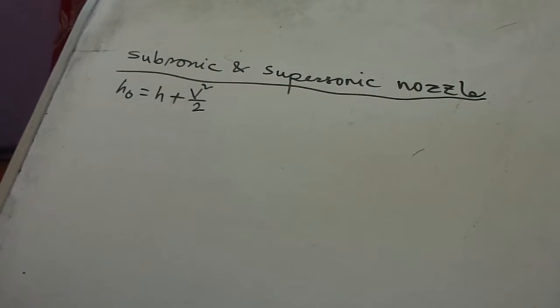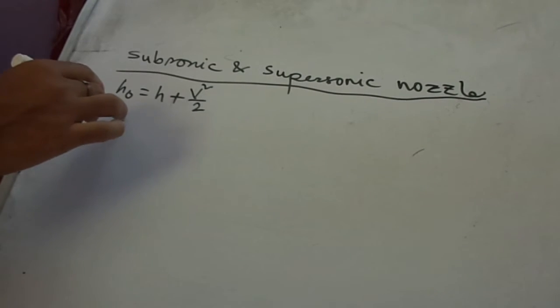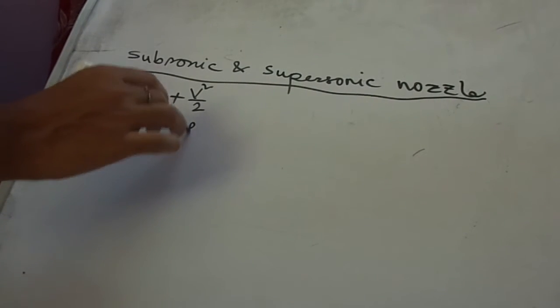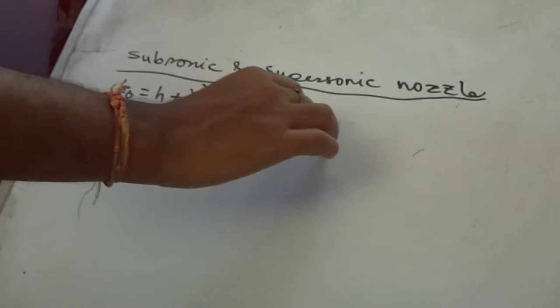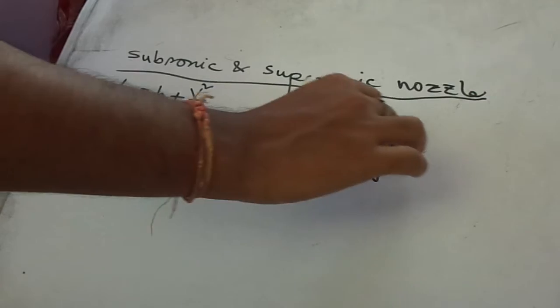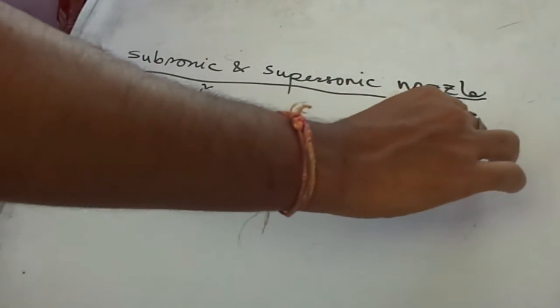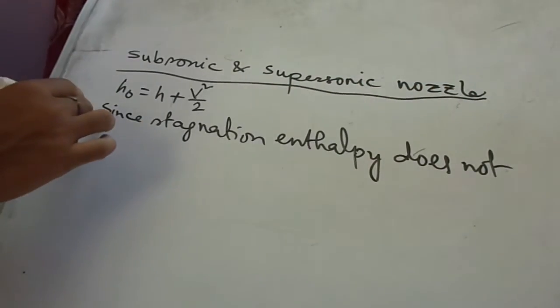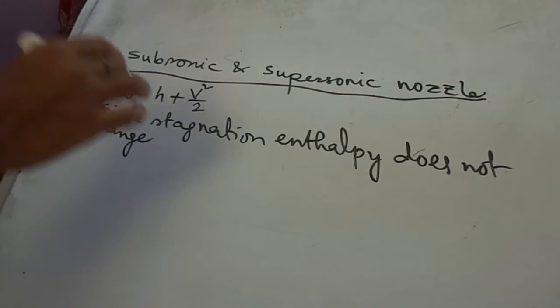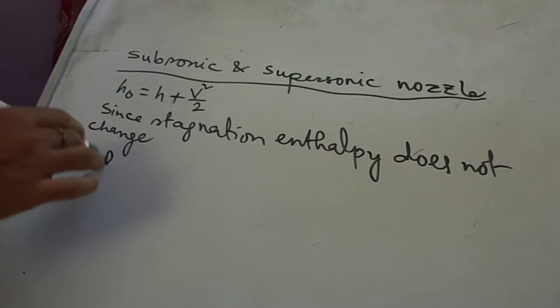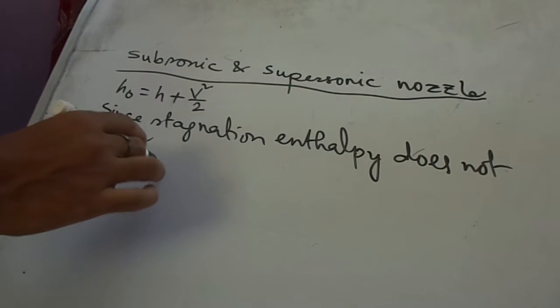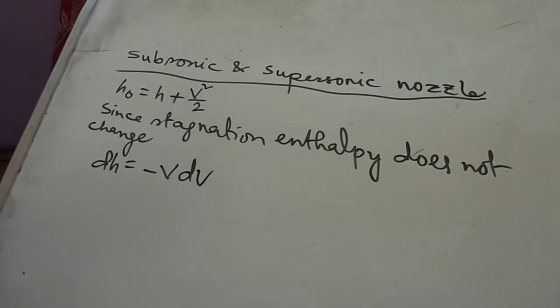Since stagnation enthalpy does not change, dH is equal to minus V dV.